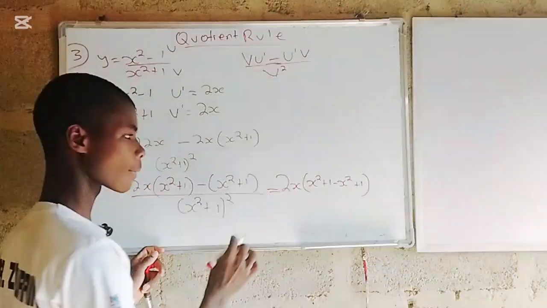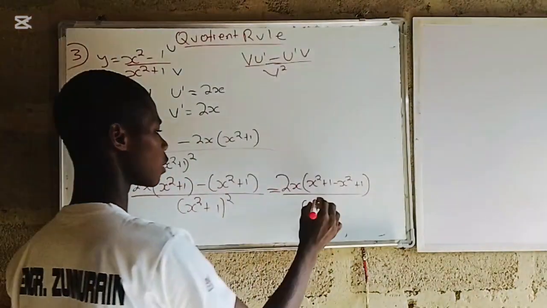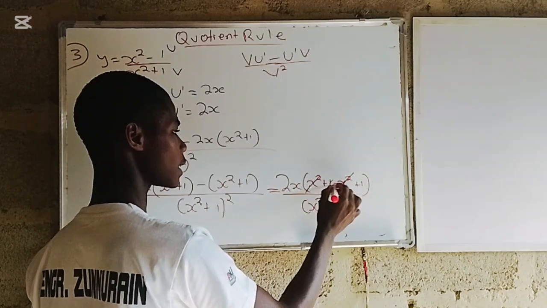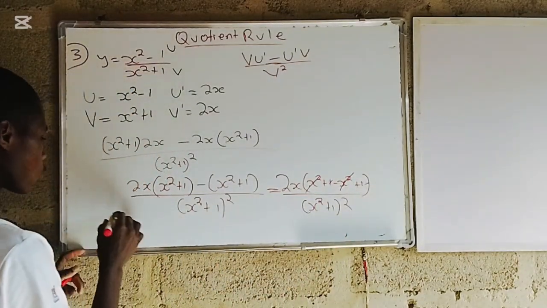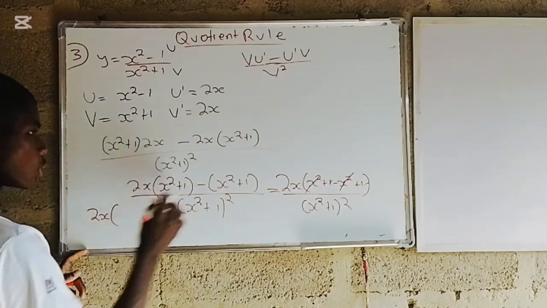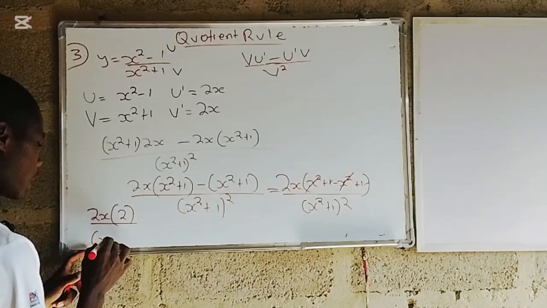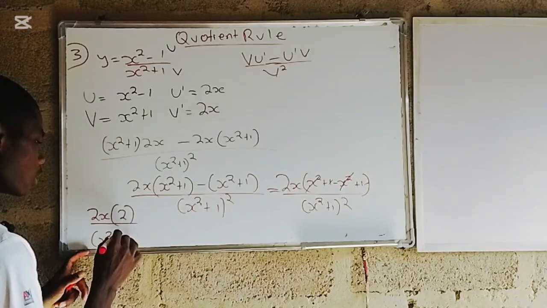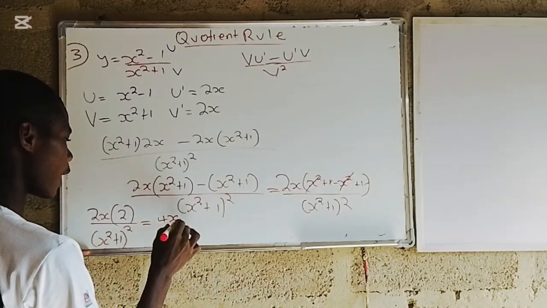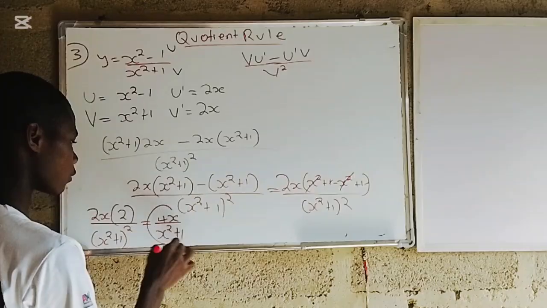I just remove the bracket, so divided by x squared plus 1 squared. This will go with this, and this and this will give me 2. So I have 2x into 1 plus 1, which is 2, close brackets, over x squared plus 1 squared, which is equal to 4x divided by x squared plus 1.